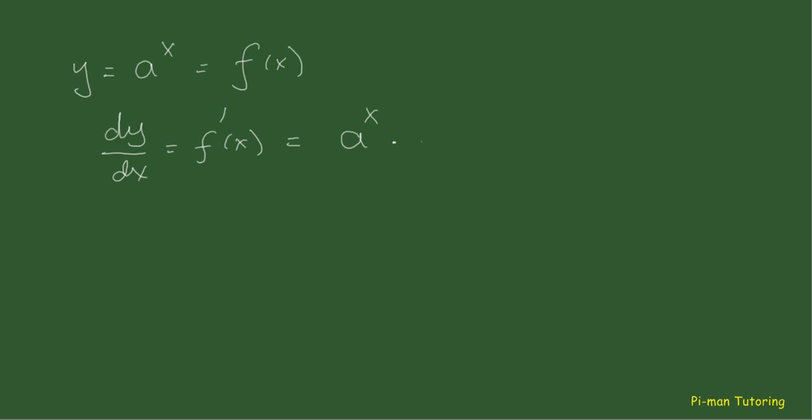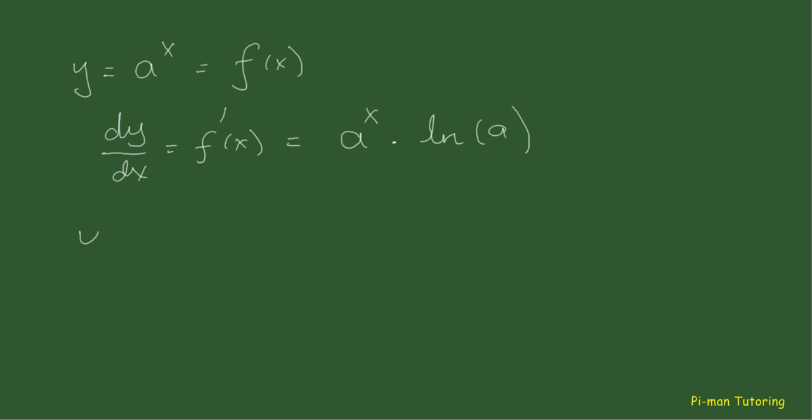So what have we learned in this lesson? We've learned that if you have a graph of y equals a to the x, which is f of x, then the slope of that graph, dy by dx, or f dashed of x, is equal to that function multiplied by the natural log of the base.